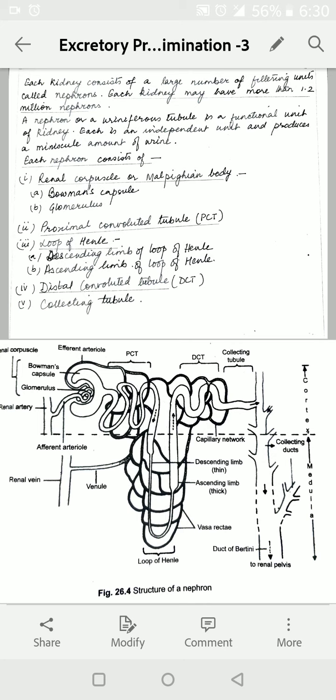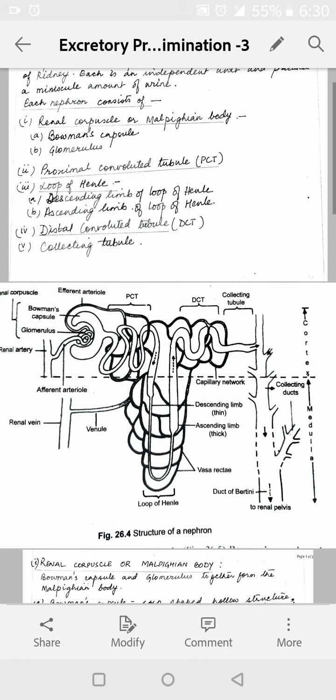The mitochondria are concentrated near the basal surface that allow reabsorption of salts by active absorption. It transports the glomerular filtrate from Bowman's capsule into the loop of Henle.